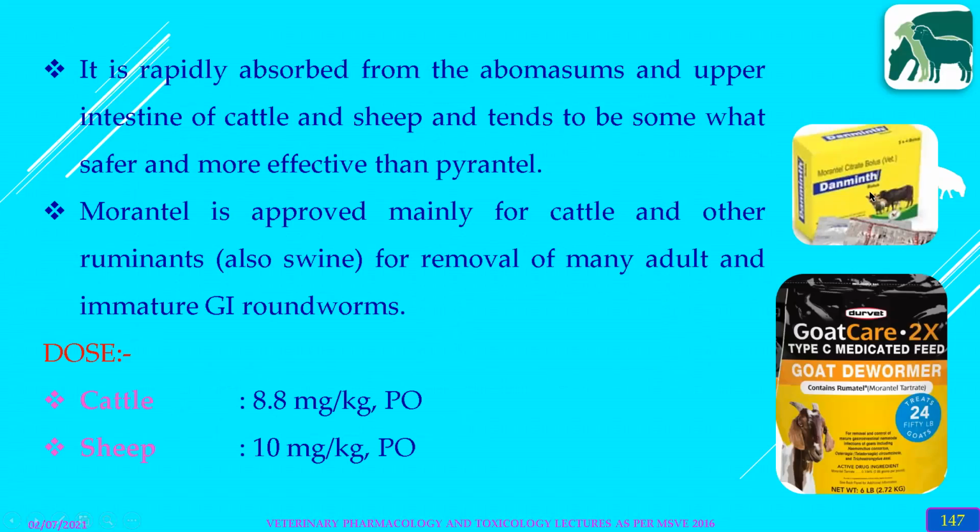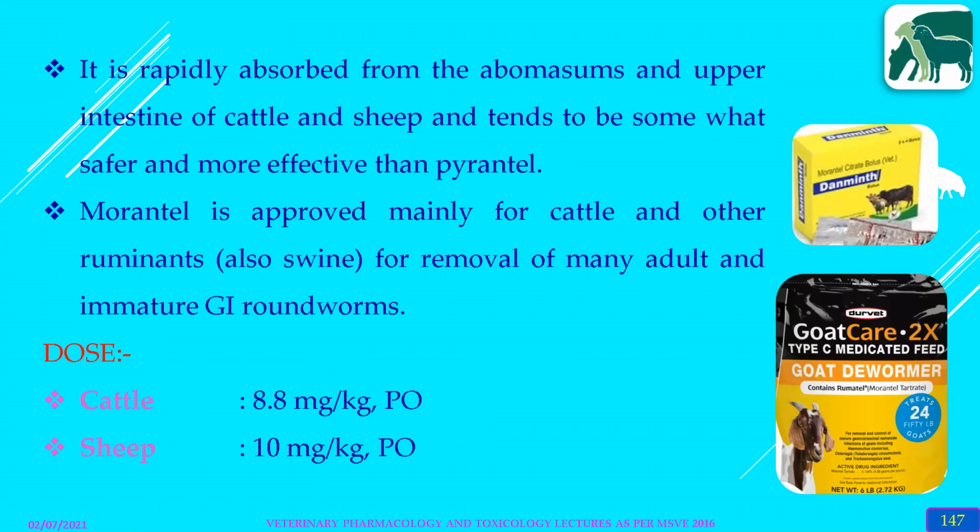Banminth, or Danminth, is one of the most popular trade names, especially among shepherds. They like this Banminth, especially from Pfizer pharmaceuticals. It is very well absorbed from the upper intestine, and it is safer and more effective than pyrantel.